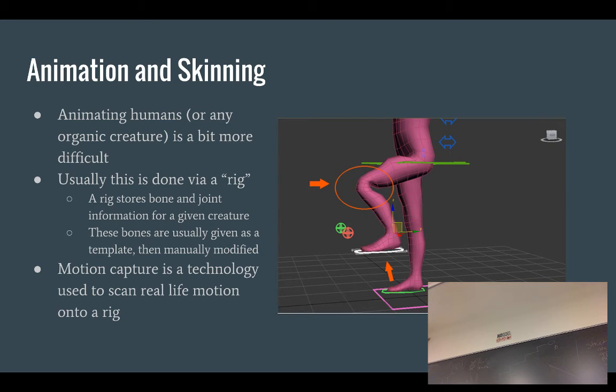And the same way that in the real world I can't move my shin out of my leg, the rest of my leg moves with it. That process is called skinning, where you attach a mesh, which we've just talked about, to a rig, and then every time you move something in the rig, you deform or change the mesh.